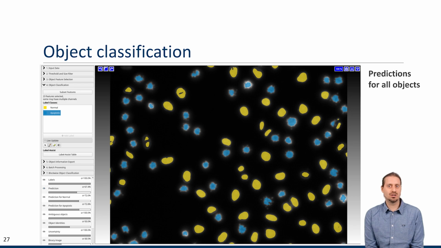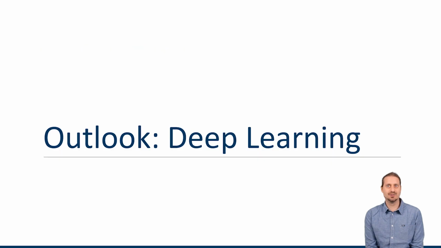And for more complex and difficult tasks, right, it would be very hard to do this with rules, and it's more efficient and works better to do this in a learned way with machine learning instead. Yeah. So we've seen now two problems in image analysis, one for segmentation, one for object classification, where we can use machine learning. And this is, I hope you see now, a very powerful concept for analyzing images.